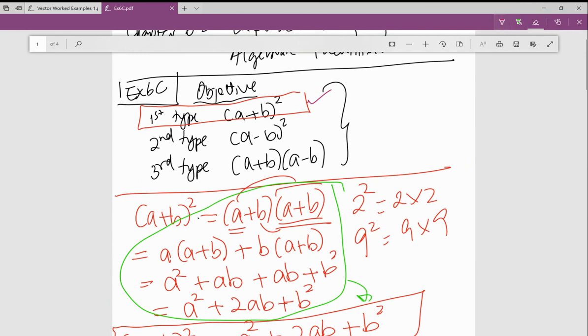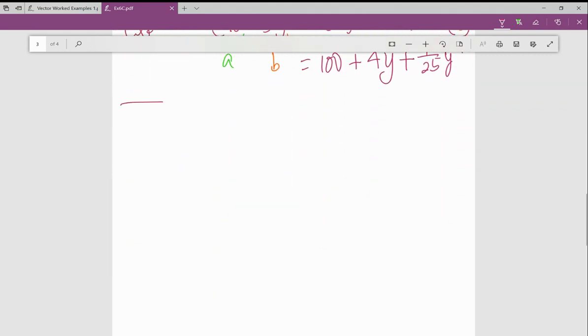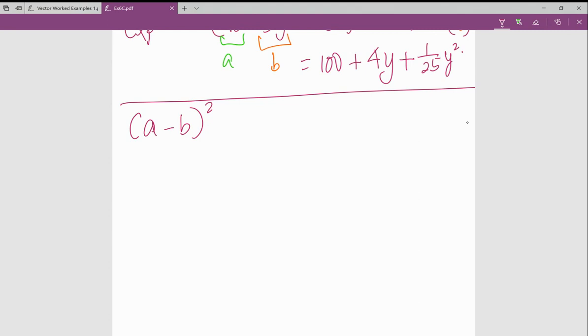I'm going to go to the second part, the second type. The second type is quite similar to the first type. Let me write it. It's not a plus b, but instead it's a minus b. Let me do the long method first. The long method is a minus b, a minus b.